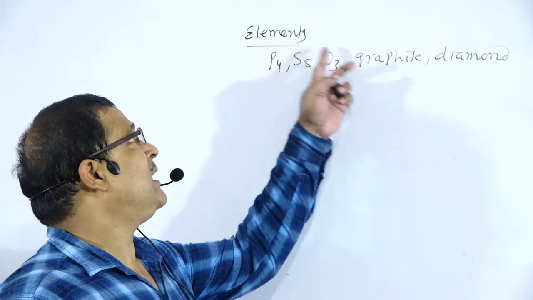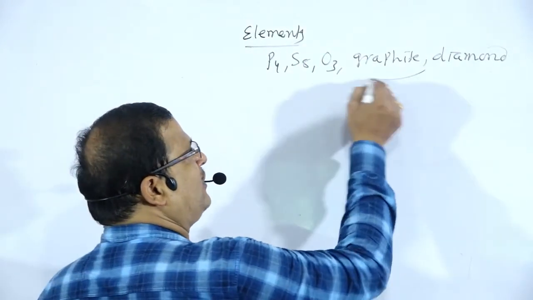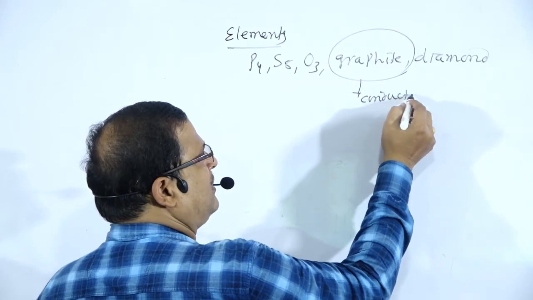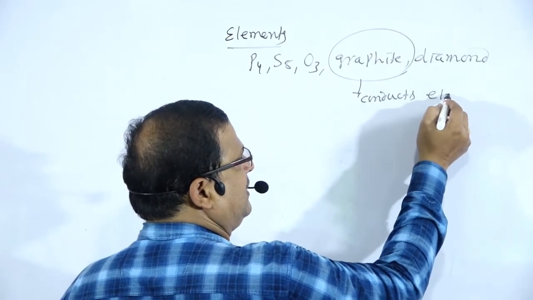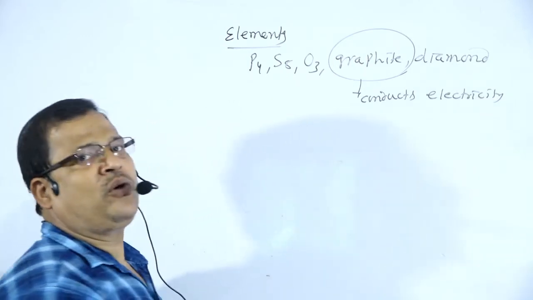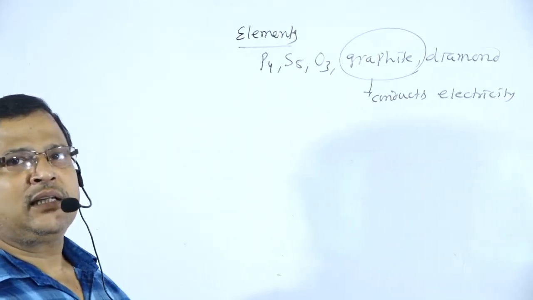Diamond and graphite, they are elements. Graphite is a non-metal that conducts electricity, a non-metal that has the ability to conduct electricity.